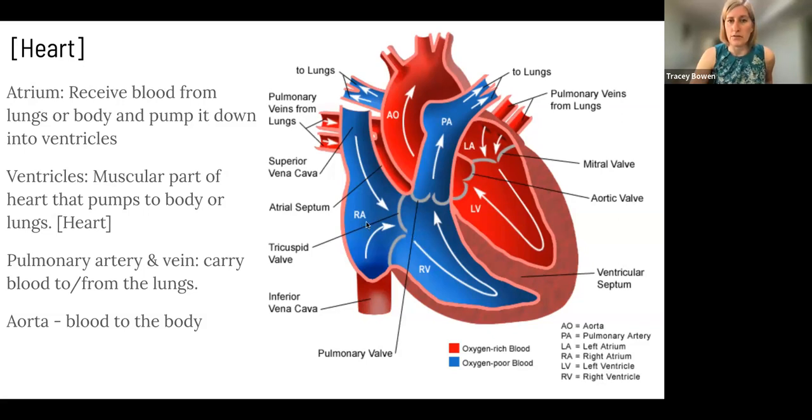And so it prevents the blood from squirting back this way into the atrium. Then additionally, once the blood has been squirted out of the ventricles, these semilunar valves close, and that allows the blood to keep moving out of the arteries and not just flow back into the ventricles.